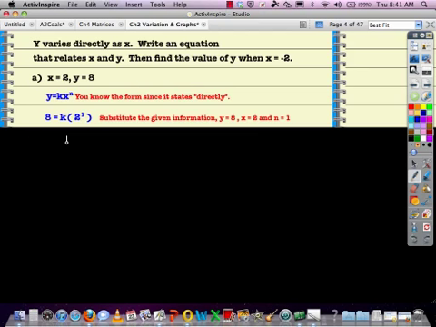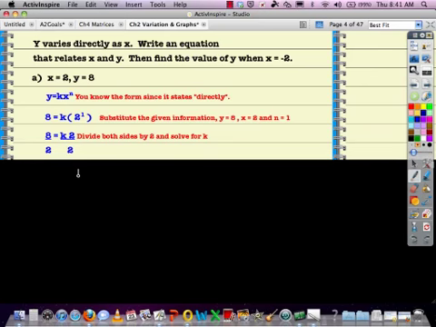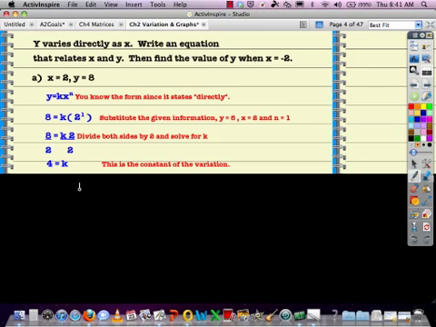So substitute the given information in. Simplify what you can. So that would turn out basically into 8 equals k times 2 or 2k. We know to undo this, to get k by itself, we would divide by 2. In doing that, we have solved for the k value, which is the constant of the variation. So now whatever we do with this equation, we will be able to use that k value of 4.